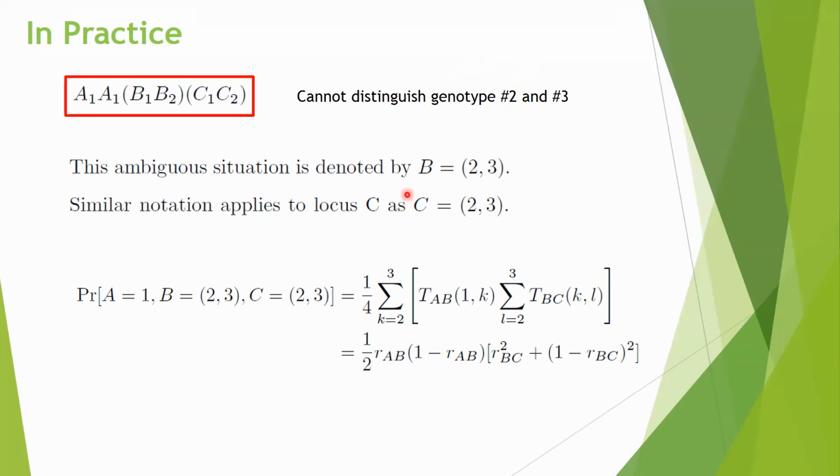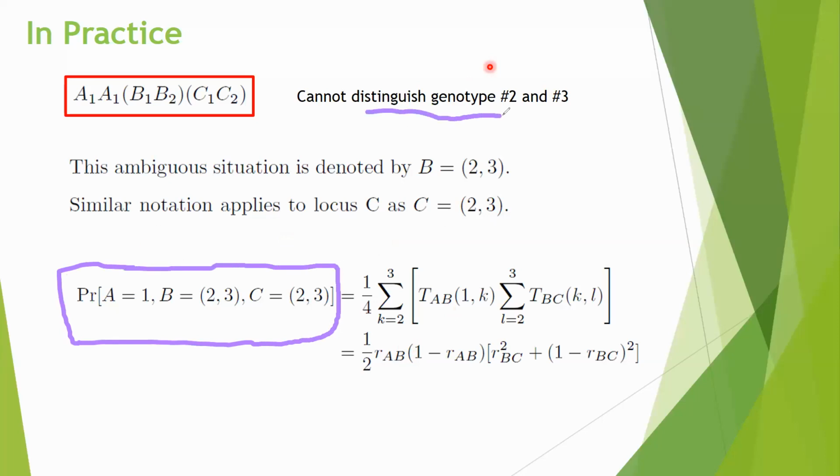In the final, I could ask you to calculate this for me, but for later, I will show you more complicated situations, so don't worry about that. I will not put those questions on the final exam. But for this one, yeah, I could put this one on the final exam. I could ask you to calculate the probability of this genotype if we cannot distinguish genotype number 2 and number 3. So you have to add up the probability of these two possible states together to get the right answer.